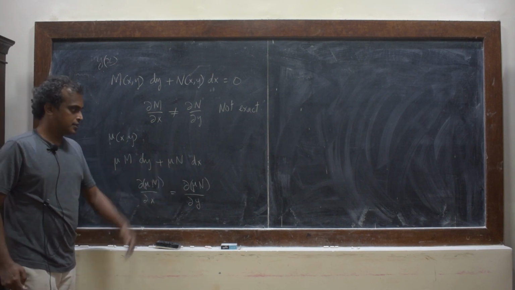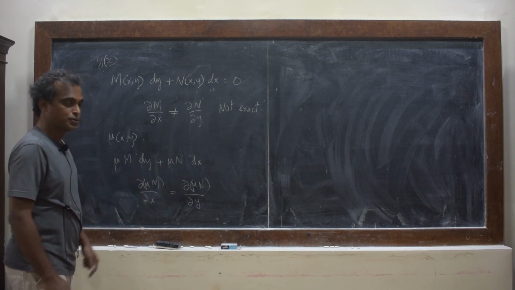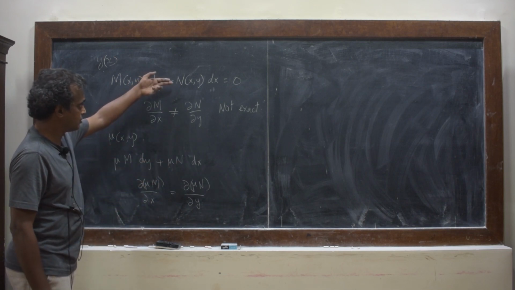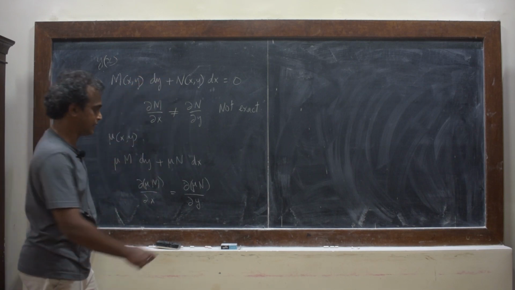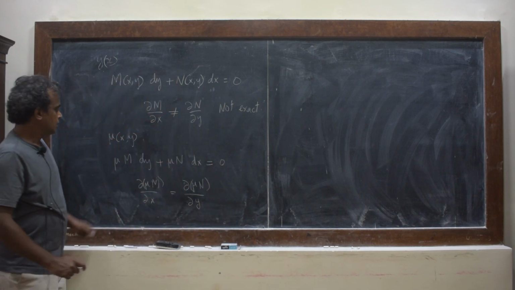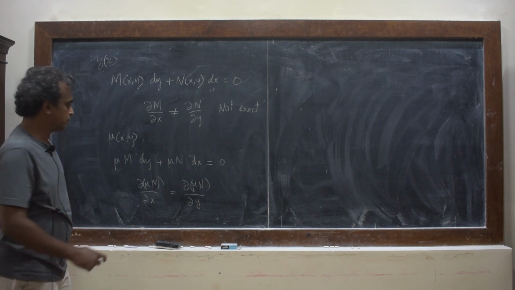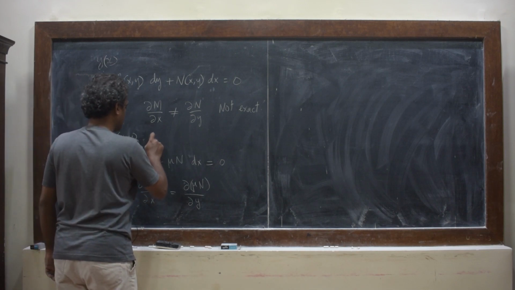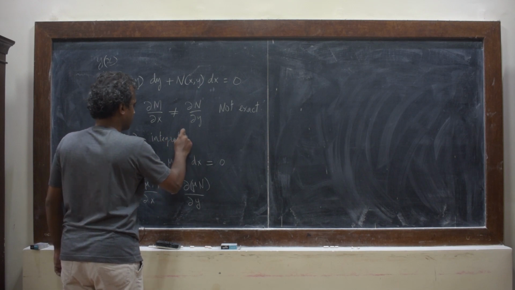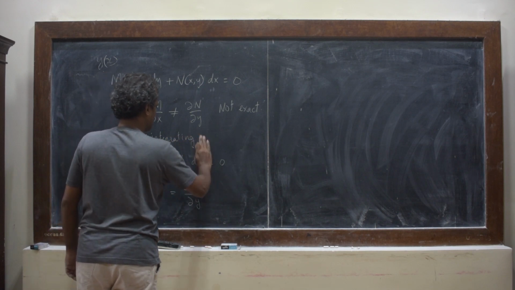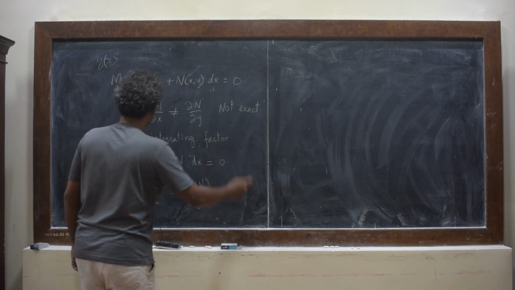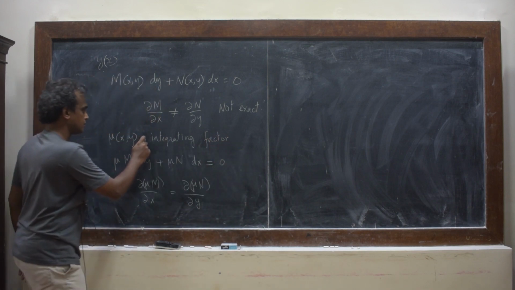If we can find such a function mu, then it is easy for us to convert this differential equation into an exact differential equation of this type. The function mu that helps us to do this is often called an integrating factor.